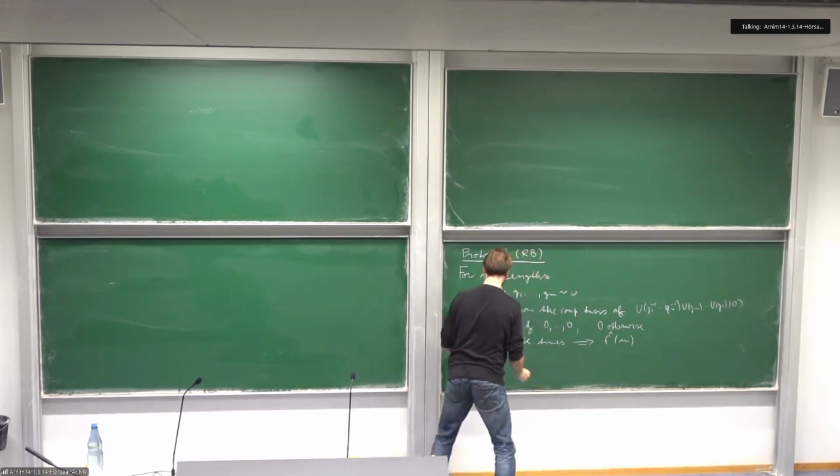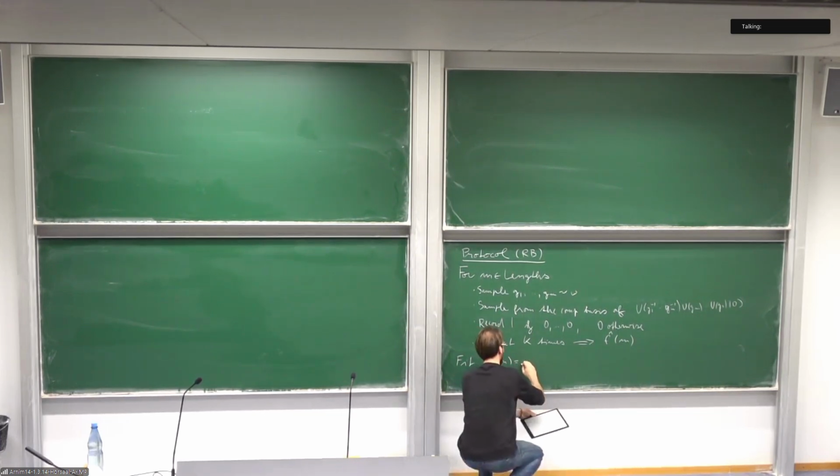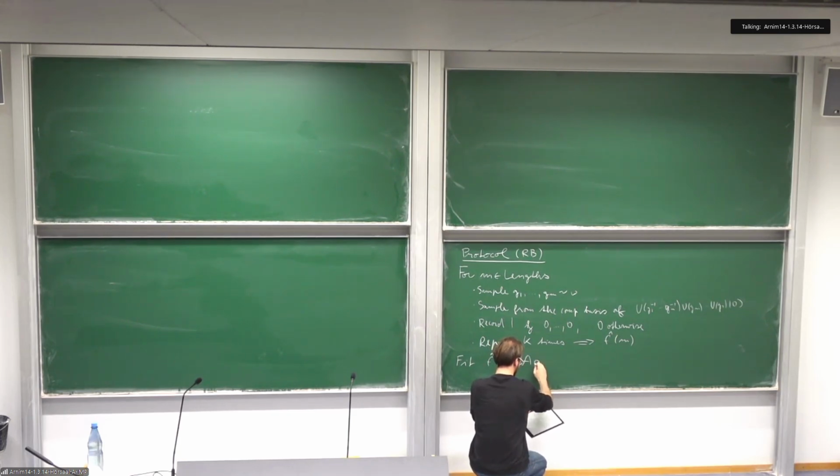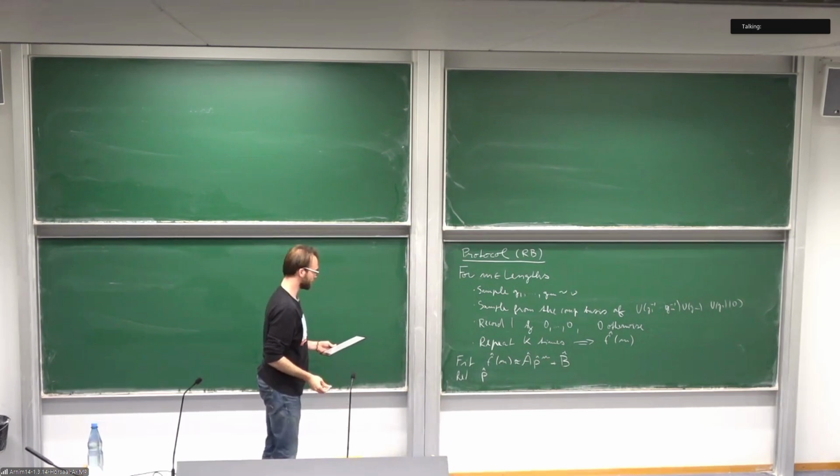Then we fit m hat of m approximately equal to A b to the m plus something, and return b. Okay, so that's the protocol.